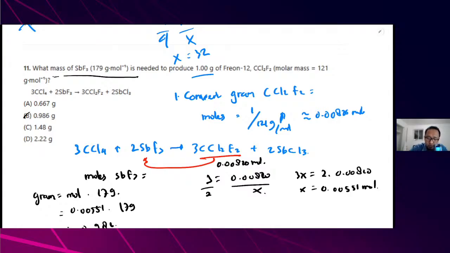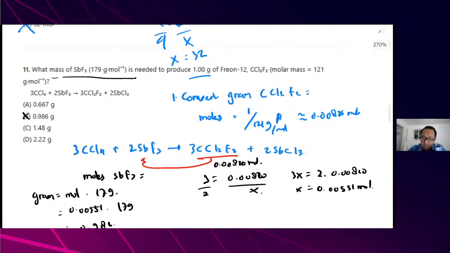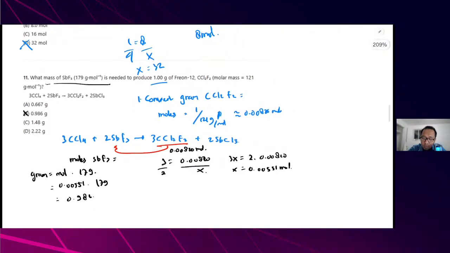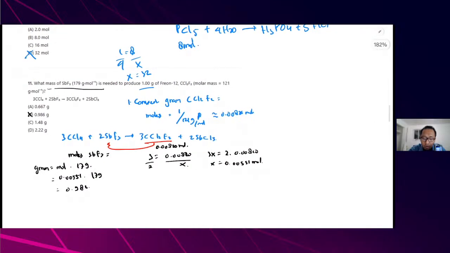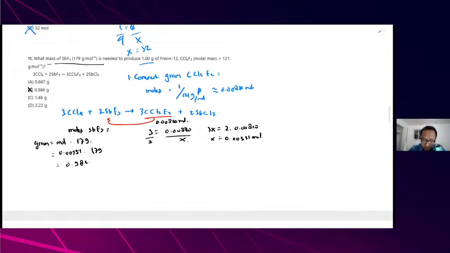So the answer should be B. It's pretty easy. Just remember, we need to look at which one we know from the equation, and then use the mole ratio from the balanced equation.